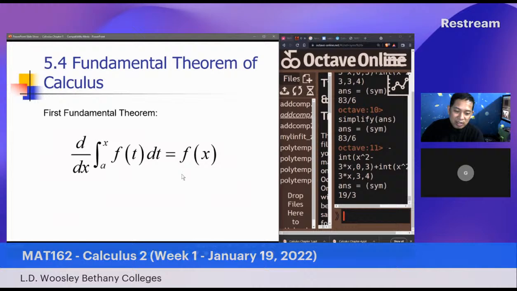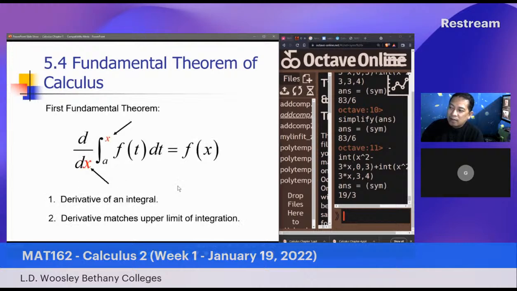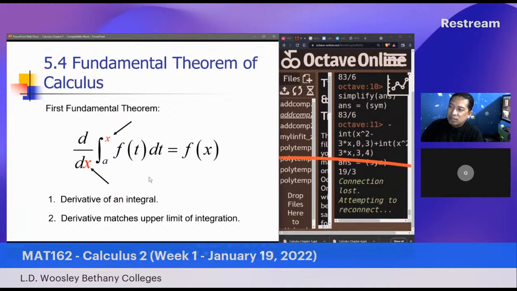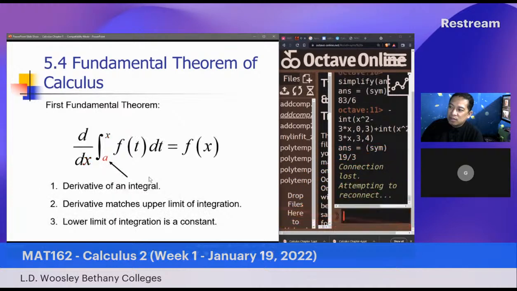Of course, the antiderivative have a general solution. No? So the derivative of an integral, okay, the derivative matches the upper limit. Ayan. Yung derivative or differentiable variable supposedly matches the upper limit of integration. So yun yung isa doon. And then, lower limit of integration is a constant.